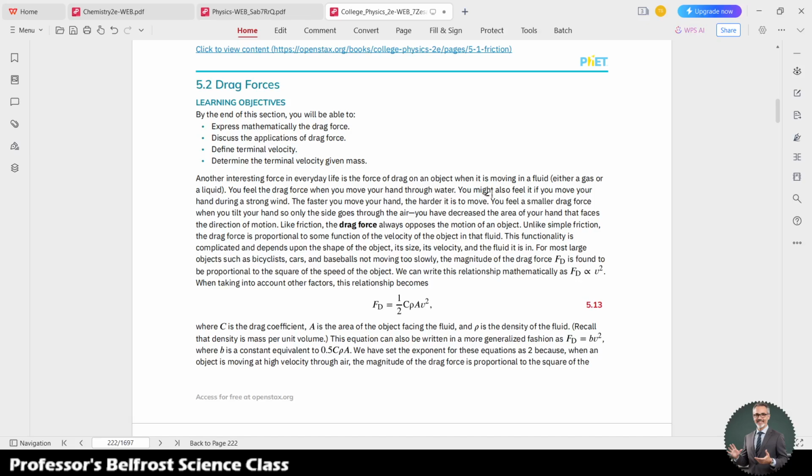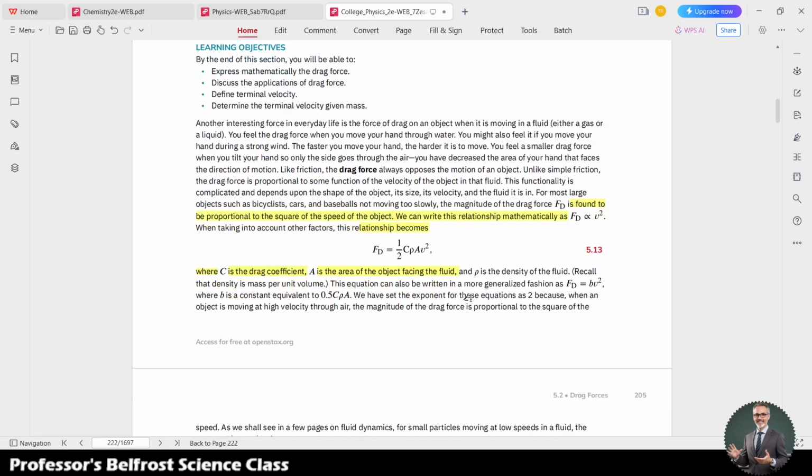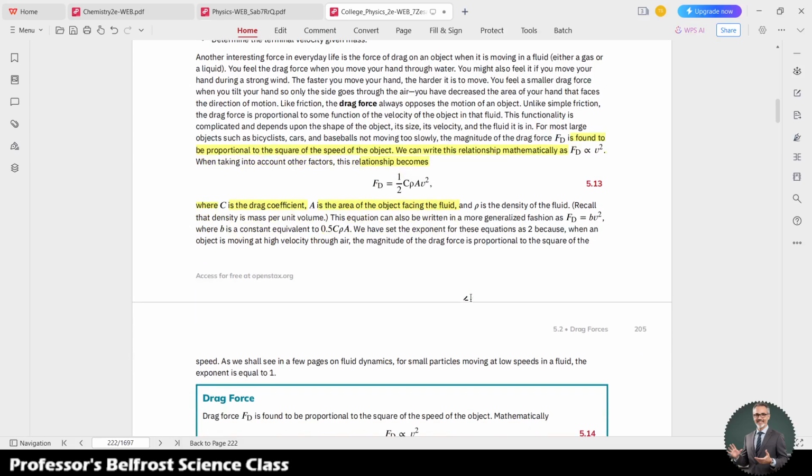We face a resistance that opposes our motion. And Fd, the drag force, is found to be proportional to the square of the speed of the object, which can be described with this formula. And the relationship is like this: C is the drag coefficient, A is the area of the object facing the fluid, and rho is the density of the fluid.